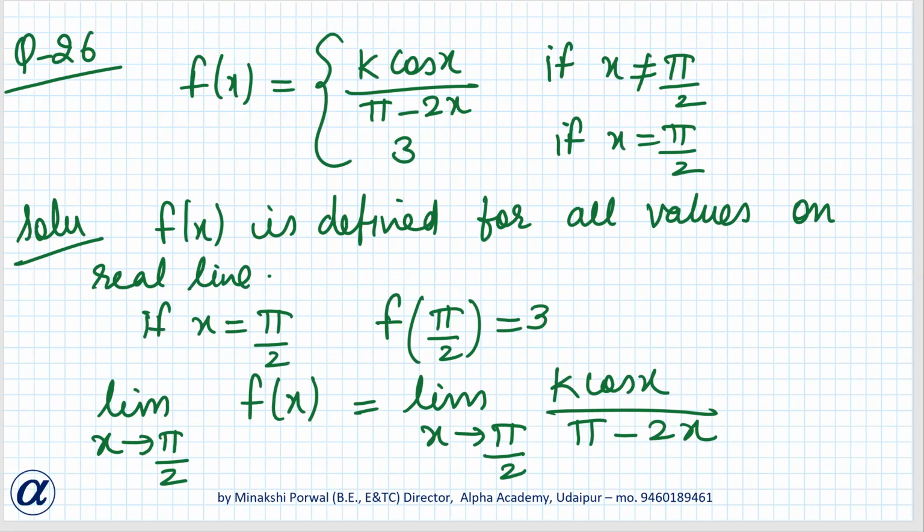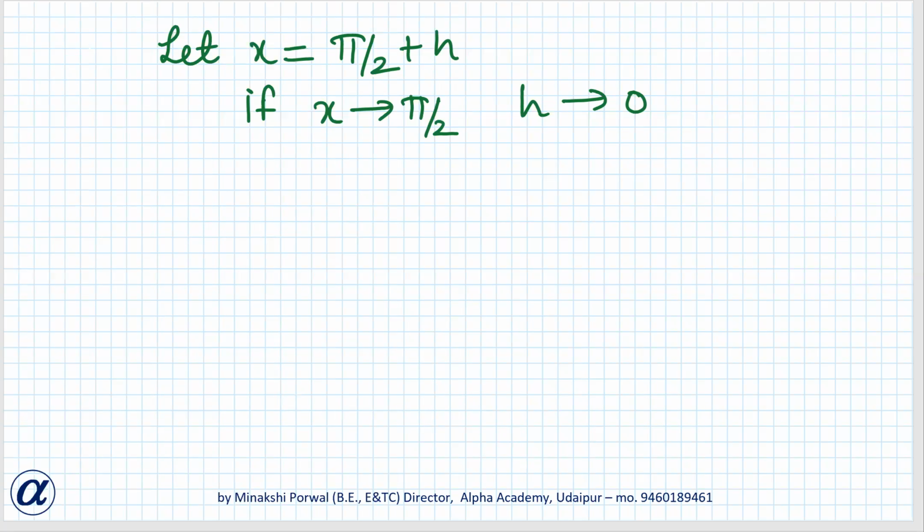Yes, ma'am. Basically, if you substitute pi by 2 here and here, you will get 0 upon 0 form. So in this case we have to make some substitution and solve. So what we are doing is let x equal pi by 2 plus h. If x tends to pi by 2, then h will tend to 0.